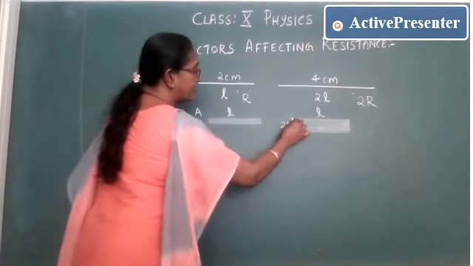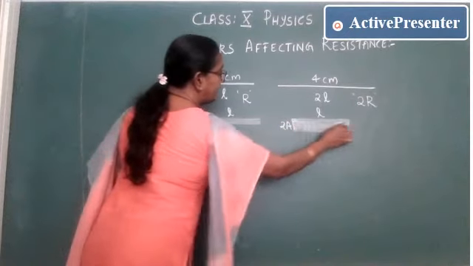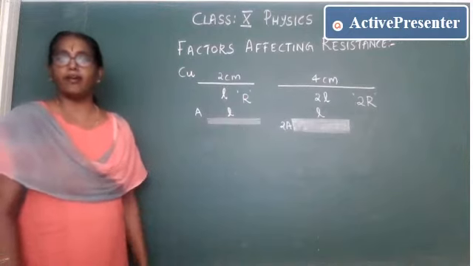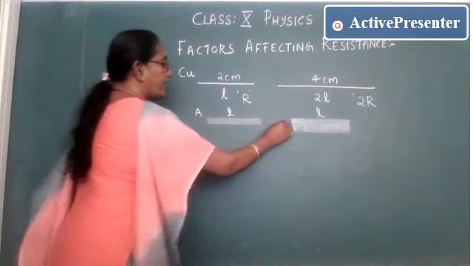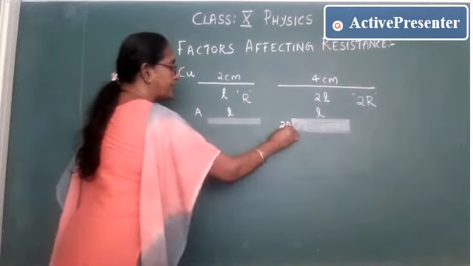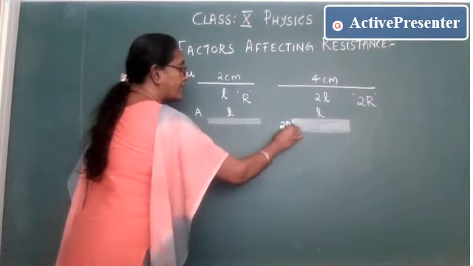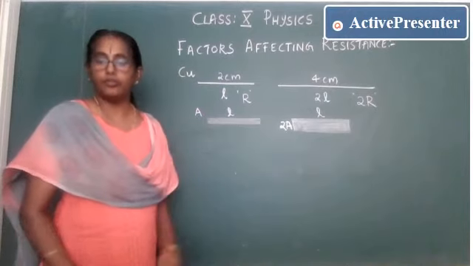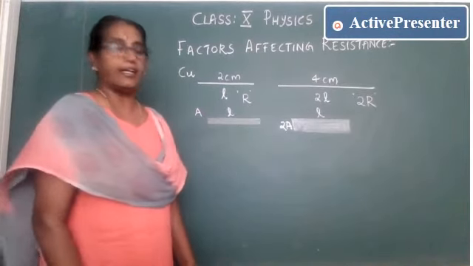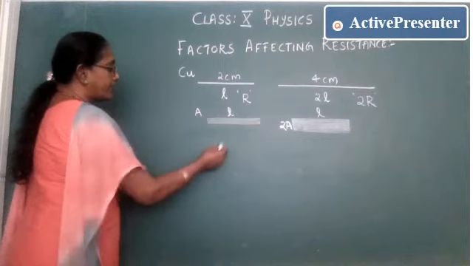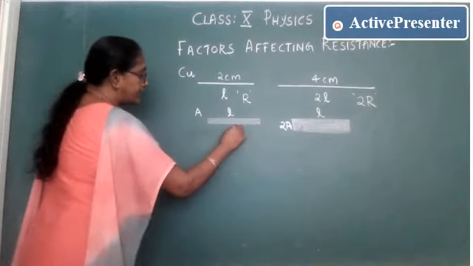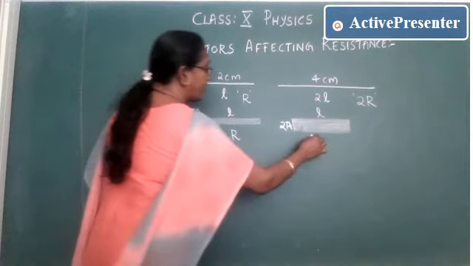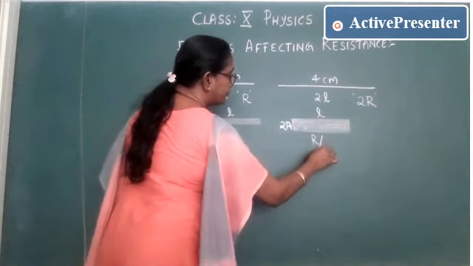In the first case, length is doubled. In the second case, we have kept the length the same, but the area of cross section is doubled. That means initially it was A, now you have changed it to 2A. In this case, if initially the resistance is R, then the resistance will become R by 2.